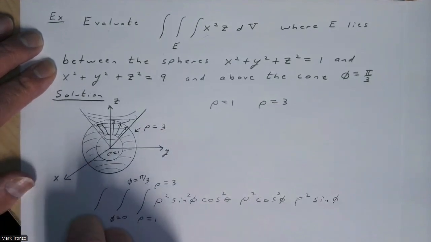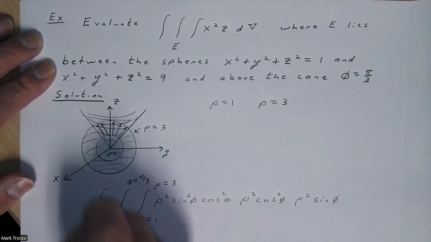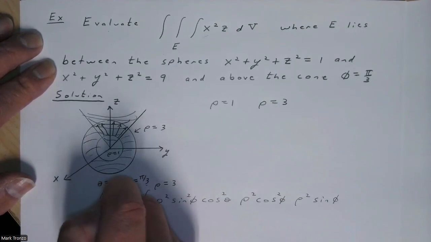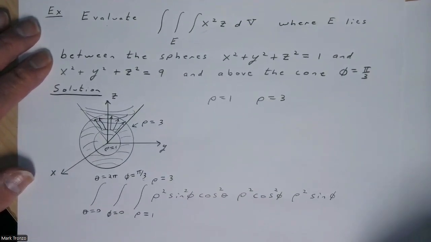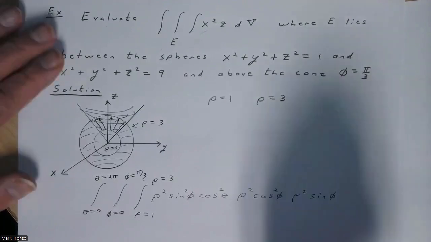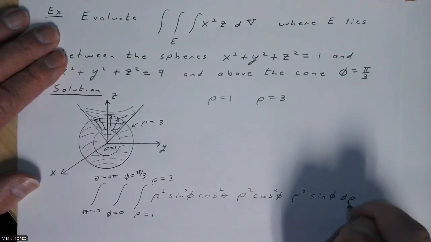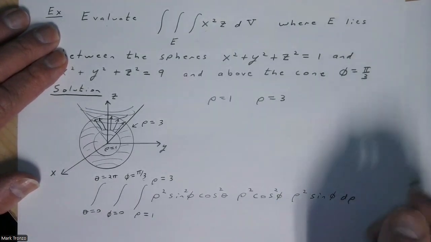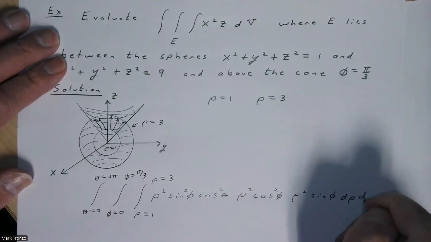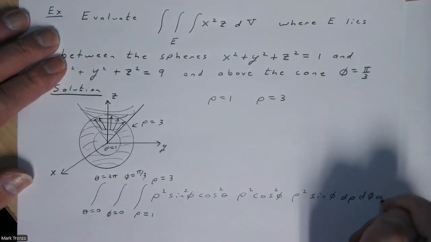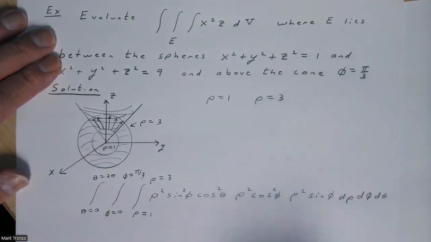And we're going from theta equals 0 to theta equals 2 pi. And again, we're doing d rho, d phi, d theta.